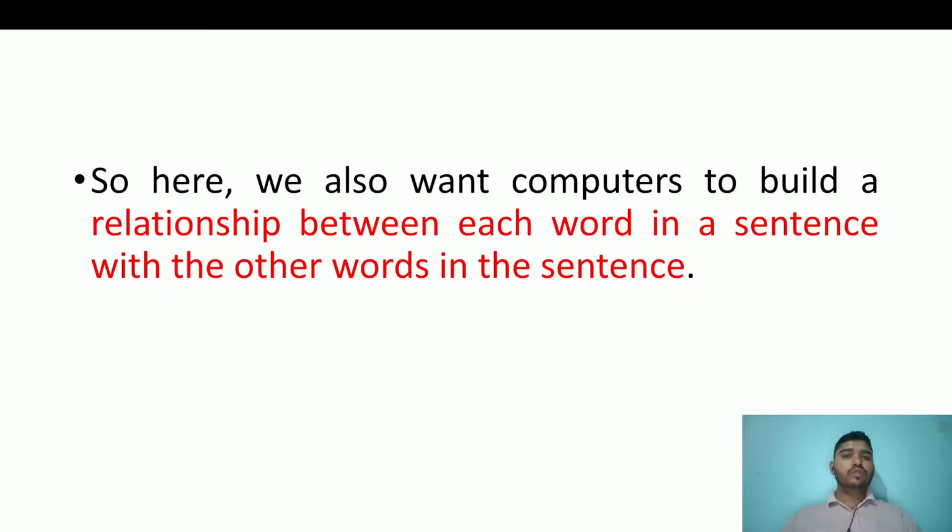Here we also want computers to build a relationship between each word in a sentence and other words in the sentence. As I have said before, it is preserving the semantic and syntactic relationships.